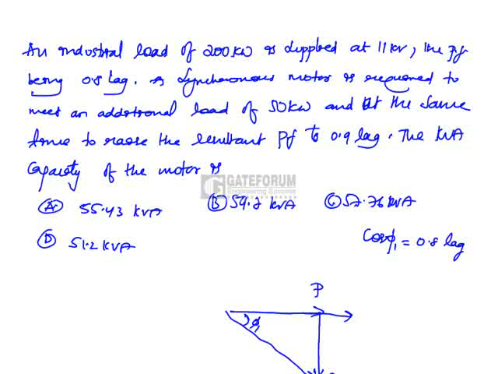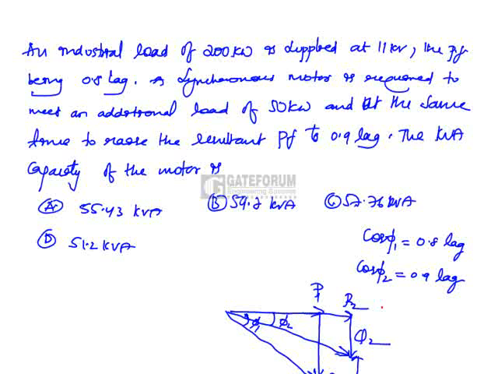Okay, this is the real power we have supplied, and a bit of reactive power should also be supplied from this synchronous motor. Now what is the resultant reactive power? Reactive power at the load end is at an angle cos phi 2 power factor, which is equal to 0.9 lagging. Now this is Q2, let us say this one is Q1, P1 and P2.